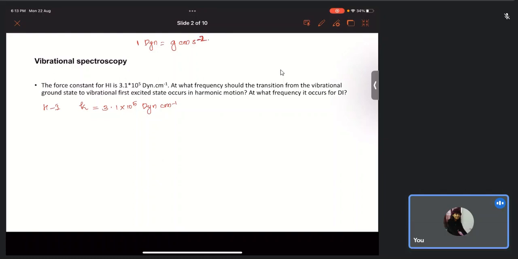Sorry, this is the correction that I wanted to make. So this is going to be 3.1 into 10 to the power 5 gram second square inverse. And we have calculated mu. Mu was 127.